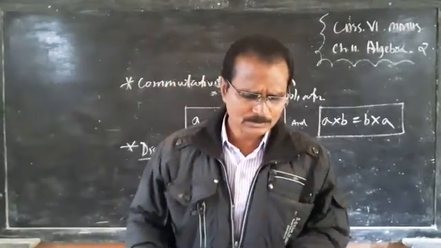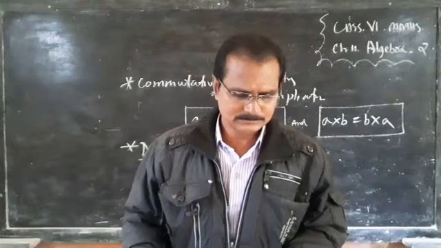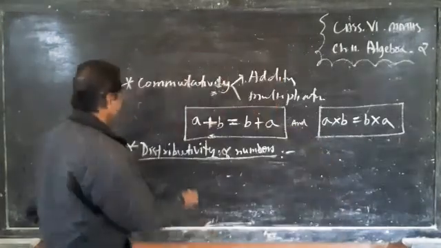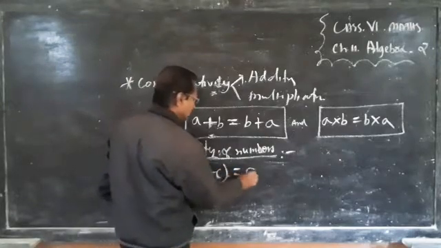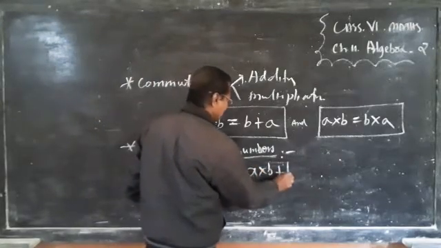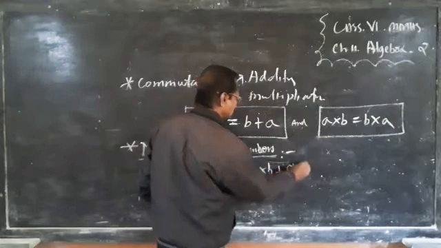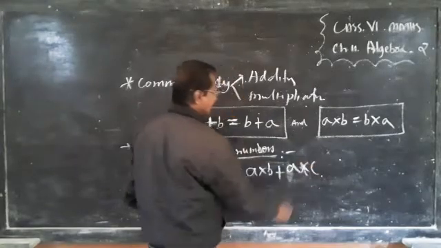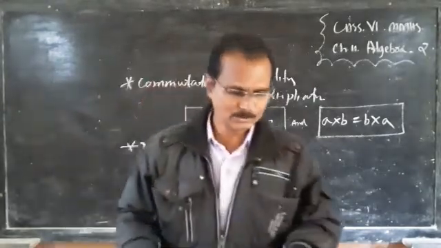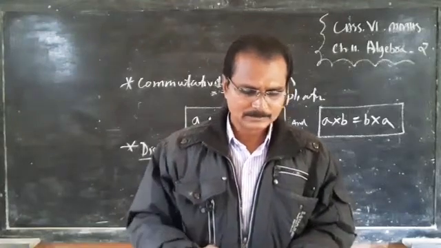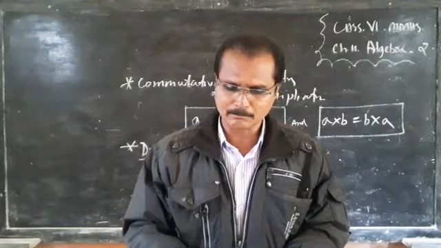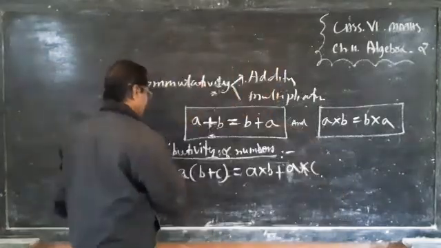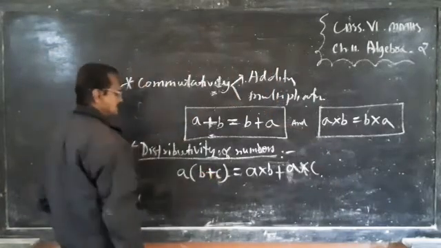Here also three numbers are there. You can write a into (b plus c) equal to a into b plus a into c. That means the multiplication is distributive over addition.